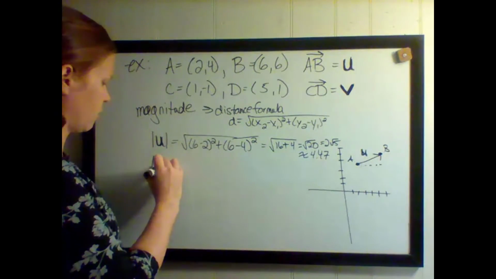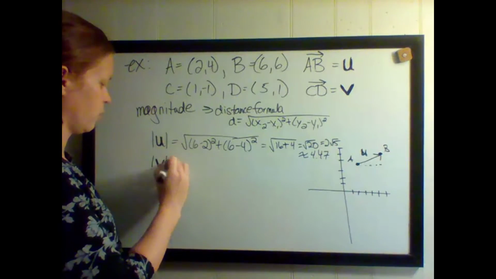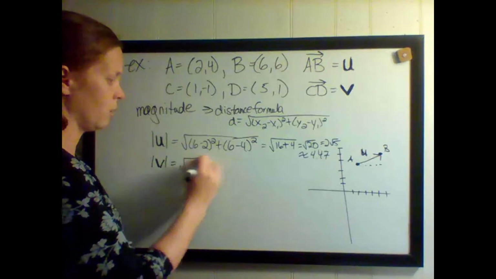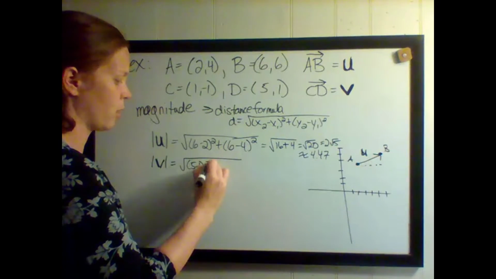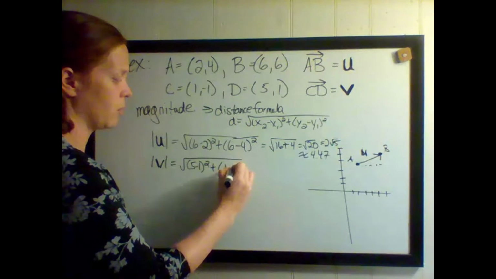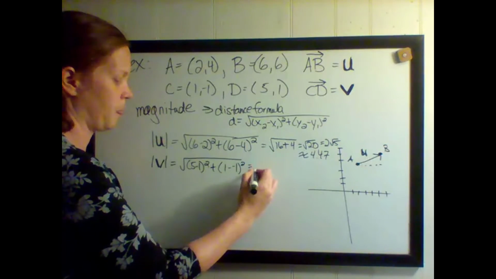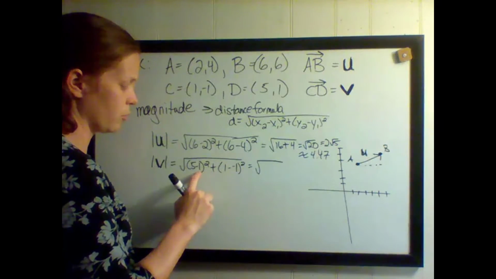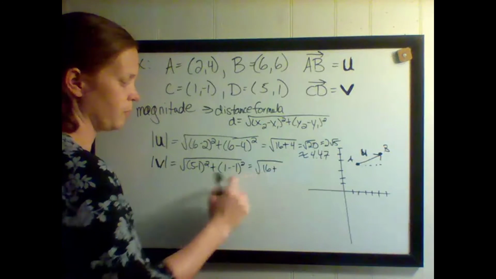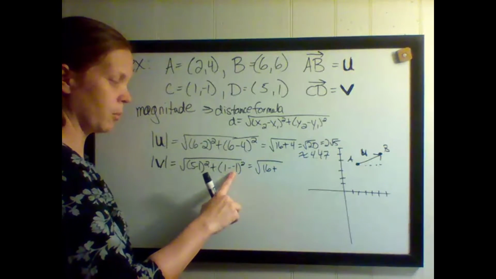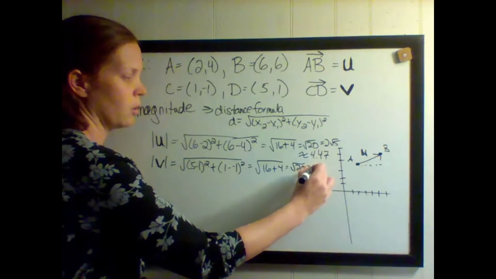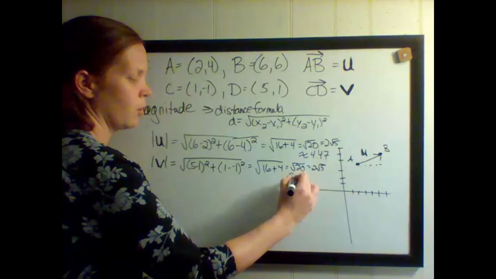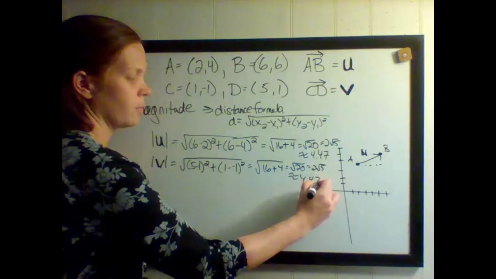Okay, so let's do the same thing for V. For the magnitude of V, we'll do (5 minus 1) squared plus (1 minus -1) squared. 5 minus 1 is 4, squared is 16. 1 minus negative 1 is a plus 1, which is 2, squared is 4, and I get the same thing, square root of 20, or 2 root 5, which is about 4.47.